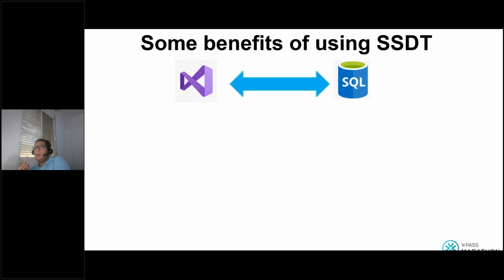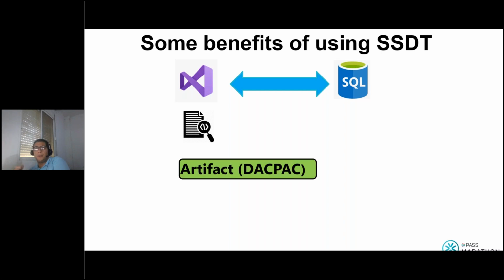You can have one project in Visual Studio which uses SSDT, and this project contains all the logic, all the representation of your objects, and you can work directly on it without the necessity to connect to Management Studio. Another important benefit is that you can inspect the code. You can detect any kind of error without deploying on production or in a lower environment.